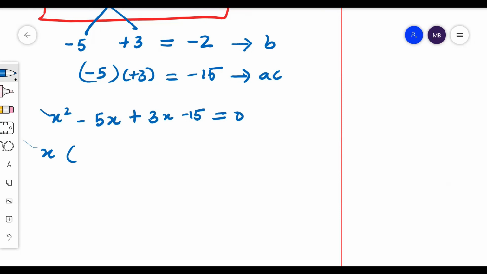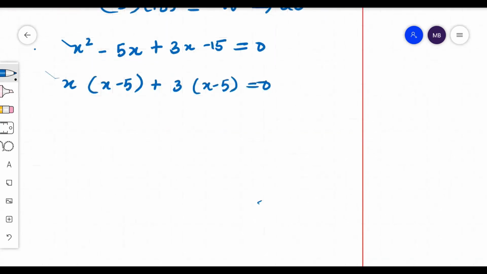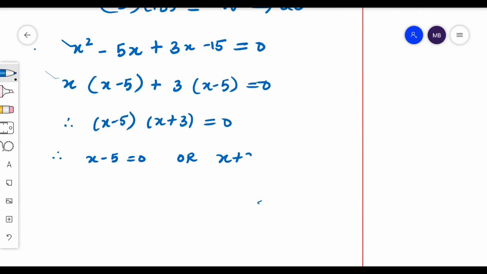So I'll take x as common, x minus 5, plus 3 as common, again x minus 5 equal to 0. So therefore x minus 5 into x plus 3 equal to 0. So the same procedure, either x minus 5 equal to 0 or x plus 3 equal to 0. So therefore x is equal to 5 or x is equal to minus 3.